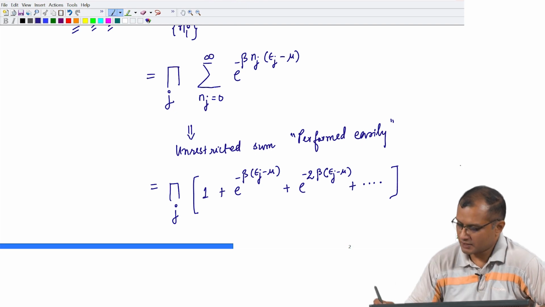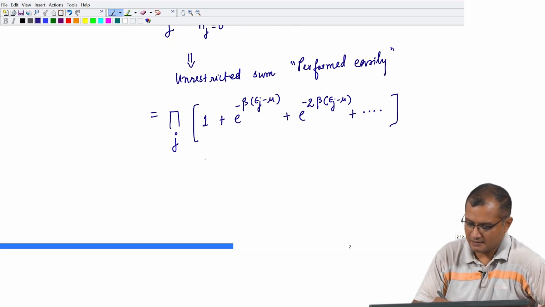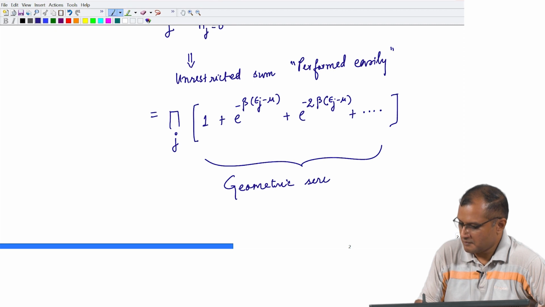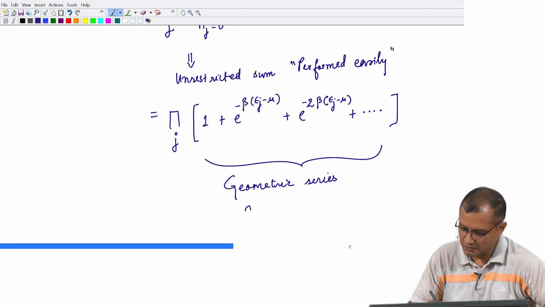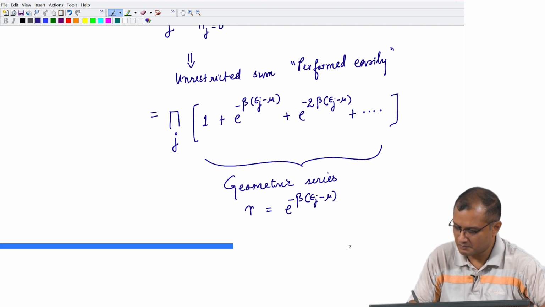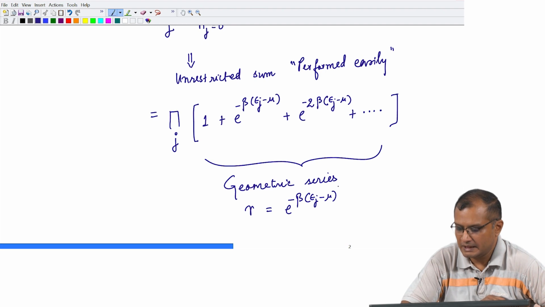Okay. As you can see, this is a geometric series with the common ratio r as e to the power minus beta (E_j minus mu).